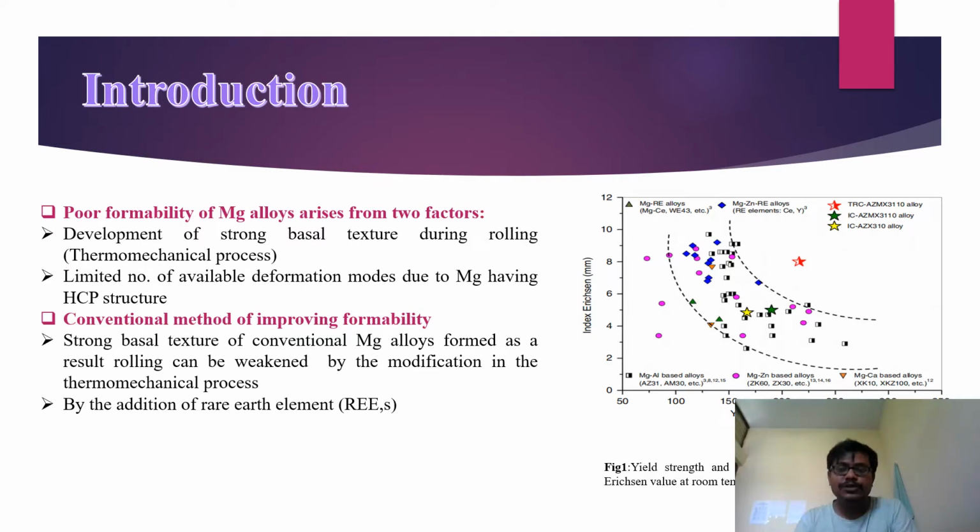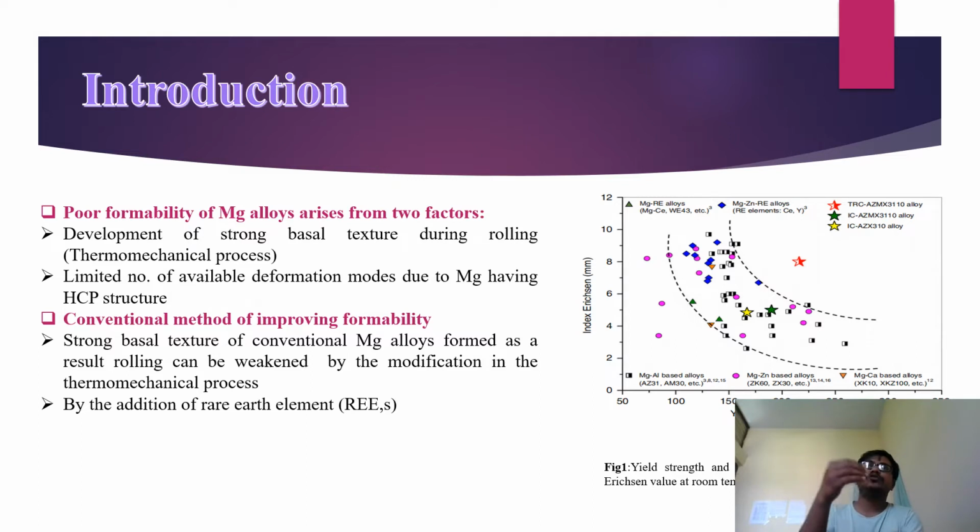So in this slide, we'll be discussing the reasons behind the poor formability of magnesium alloy. Basically, there are two reasons. The first reason is the development of a strong basal texture during rolling or thermomechanical processing.